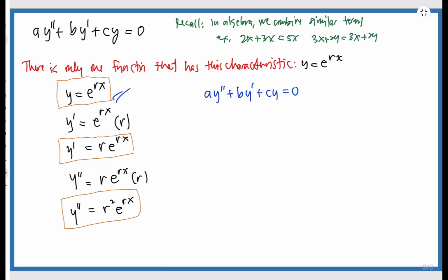y is e to the rx, but we'll start with y double prime.